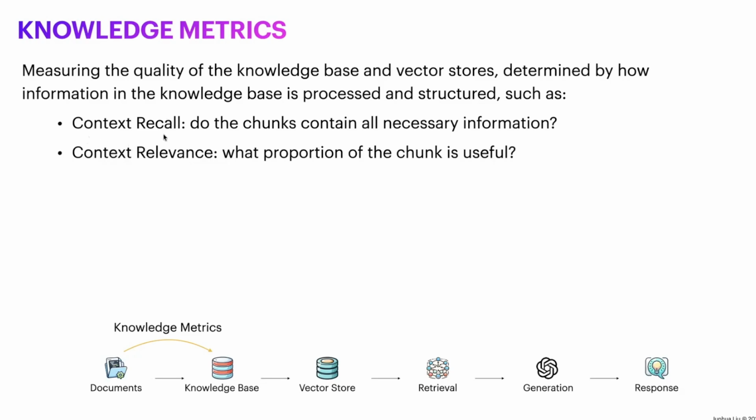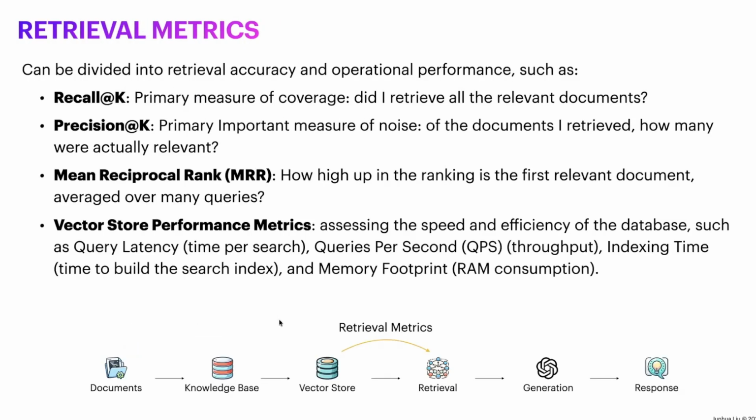Context recall essentially answers the question of whether the chunks inside the knowledge base contain all necessary information, and context relevance assesses what proportion of the chunk is useful. Next, for the retrieval metric, we are measuring how effective the algorithm or the models used here are at getting the right information we want.